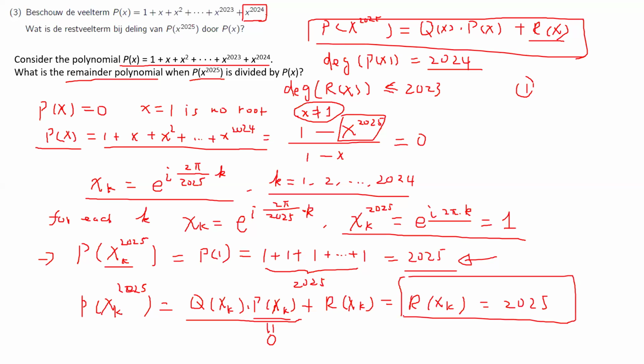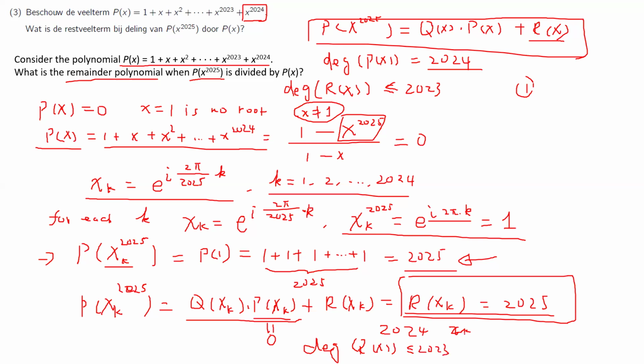And how many x_k are there? We have 2024 different x_k's which meet this equation. And on the other hand, we know the degree of R(x) is no larger than 2023.